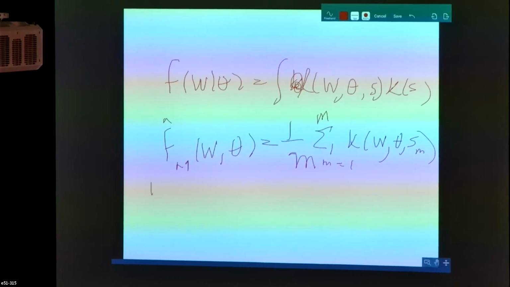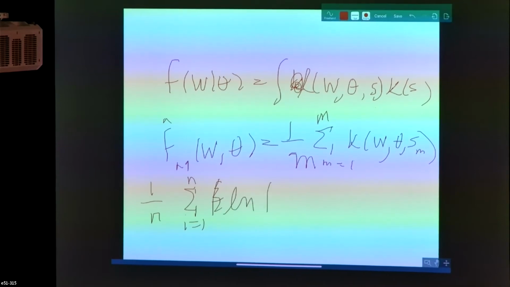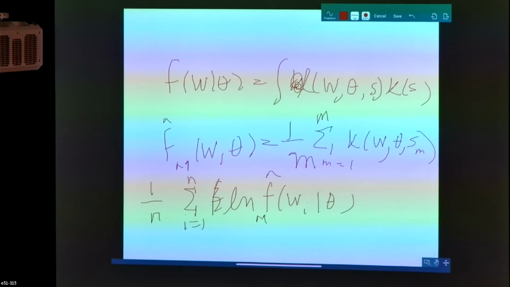You would do 1 over n, the sum from i equals 1 to n of log of f hat of w_i, theta. And now the estimator is not linear in the simulation error. Right way to say this is not linear in the simulation error.